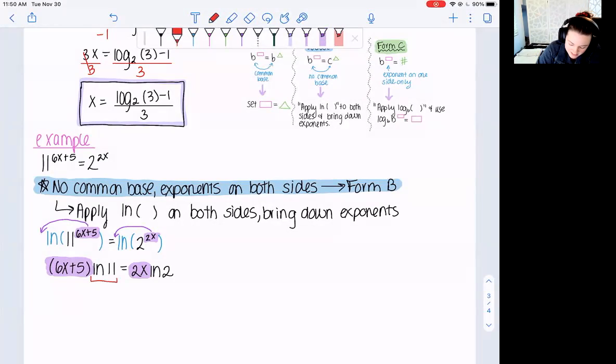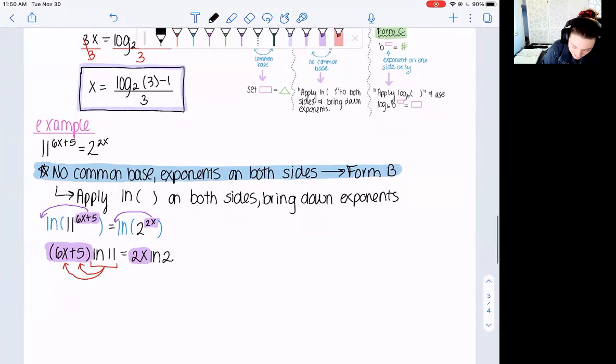To get x by itself, we're going to start by distributing this ln to both of these terms. So we get 6x ln 11 plus 5 ln 11. So the ln 11 got distributed to both terms.